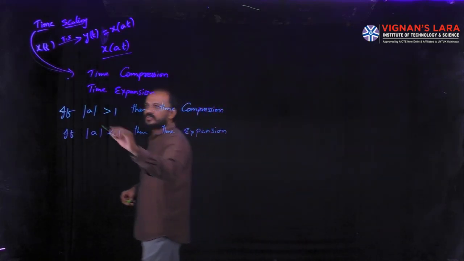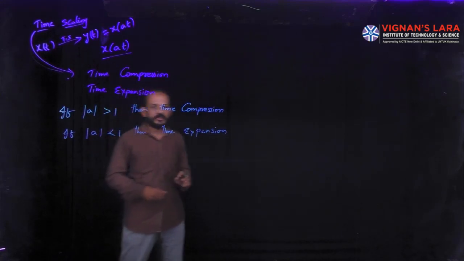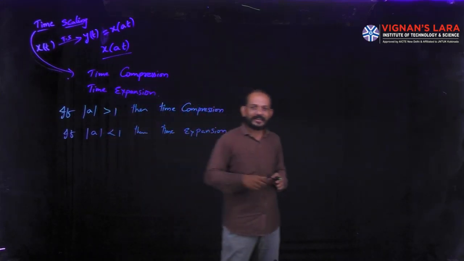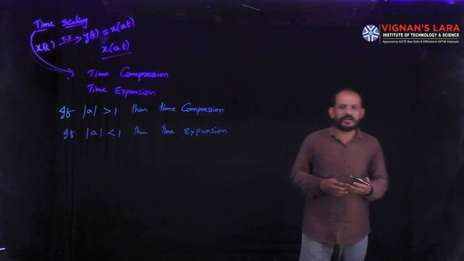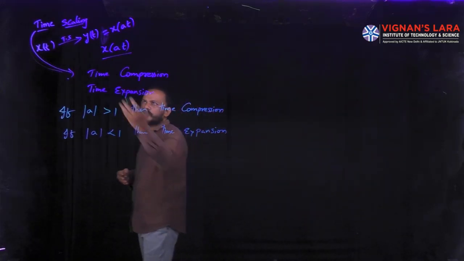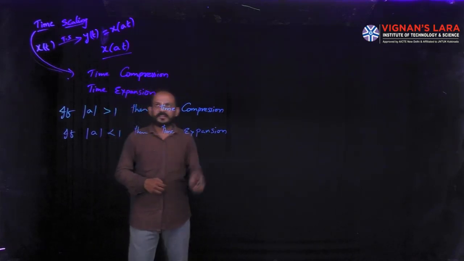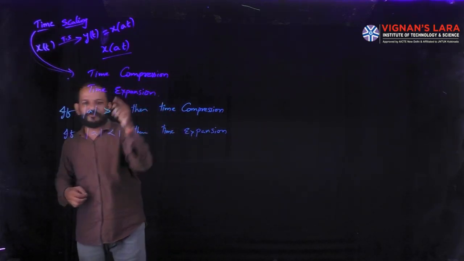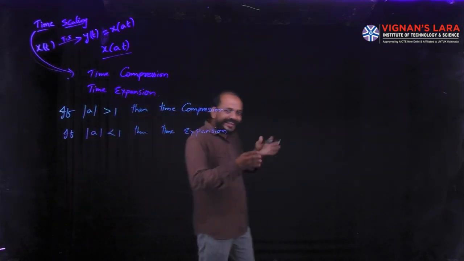Okay, so these are the two things that will occur in time scaling. How can you get the time scaling operation on the signal? Simply by replacing the variable t with at.